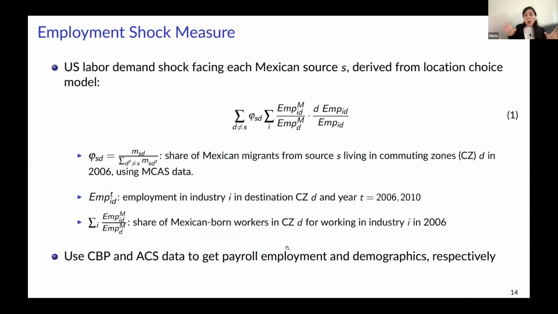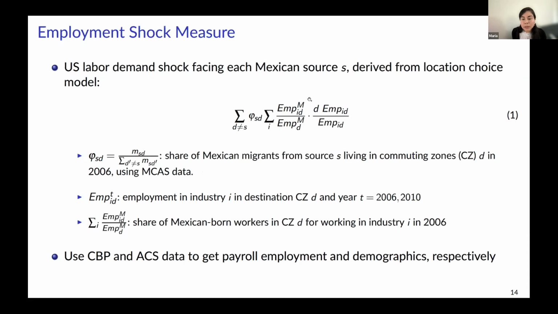Okay, so now combining the 2 sources of variation that I just showed you and following our location choice model, we derive this labor demand shock that faced each Mexican source municipality, which is our main independent variable. You can think of it as a weighted average of employment declines, where one of the weights is just the migrant network, the share of Mexican migrants from each source living in each destination in 2006, before the Great Recession.